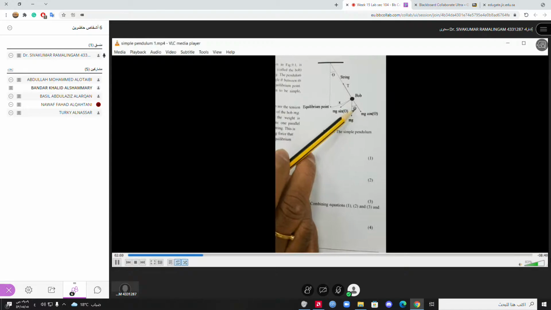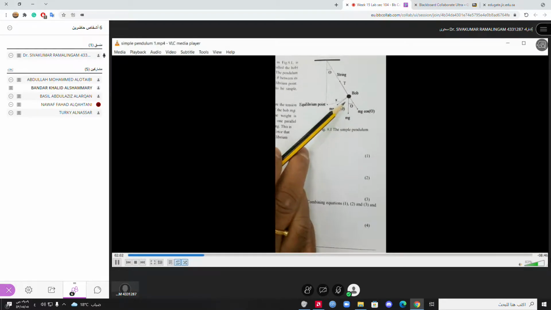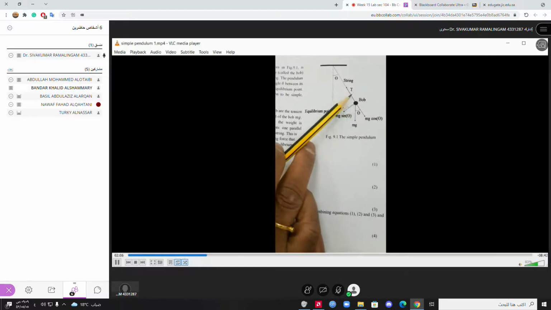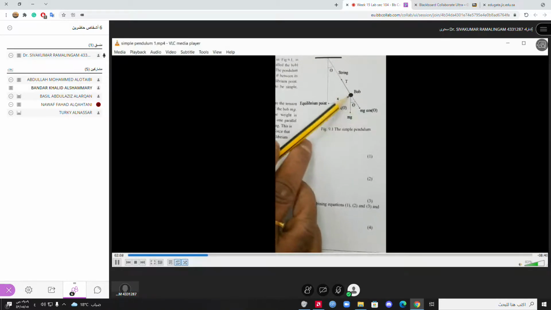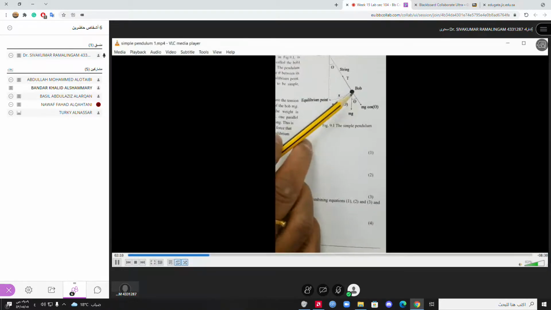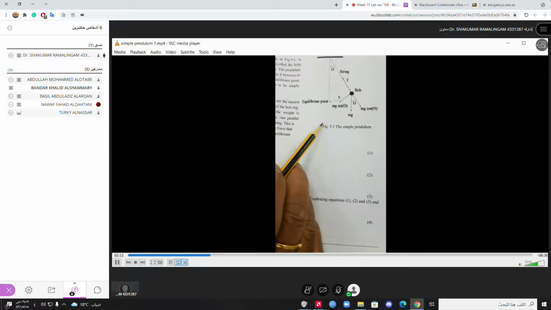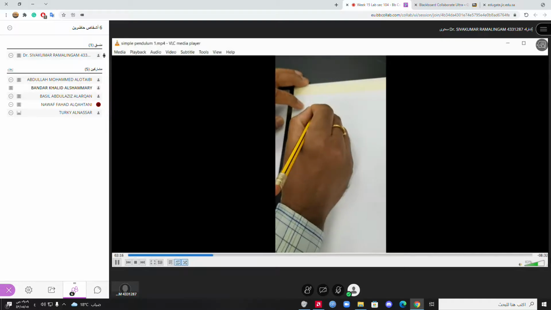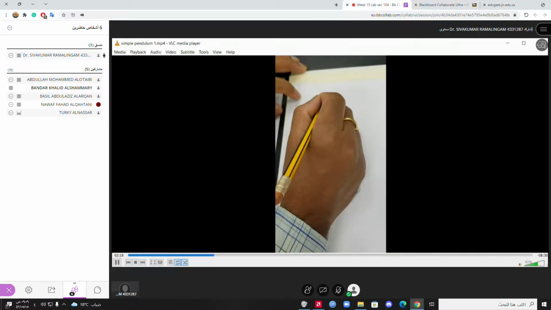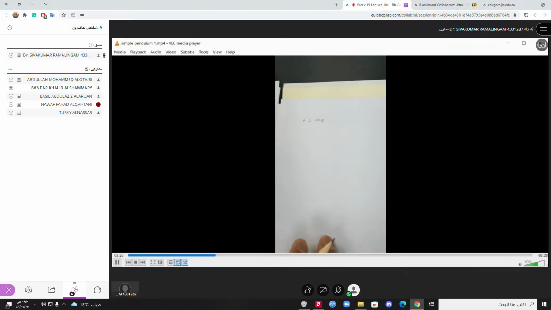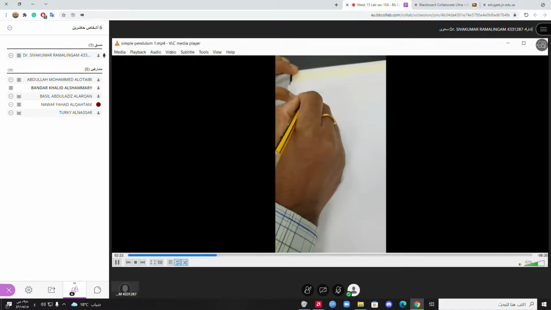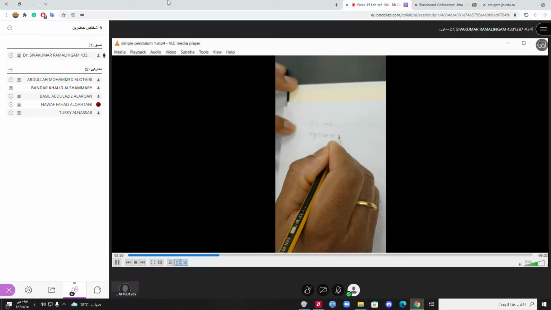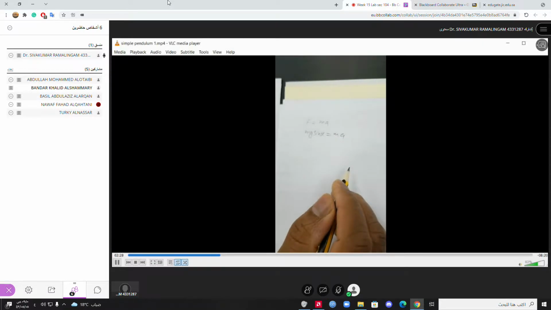Let us resolve this into two components: mg cosine theta is here, mg sine theta is here. Now the object is not moving in the vertical direction, it is moving in the horizontal direction. Now F is equal to m a. What is F here? F is equal to mg sine theta is equal to m a.